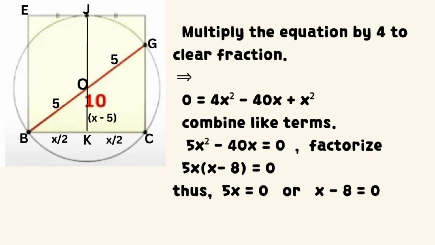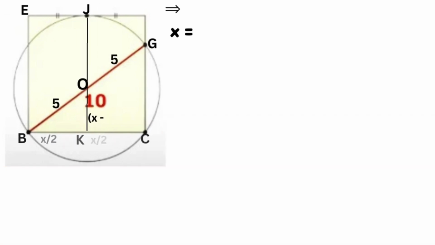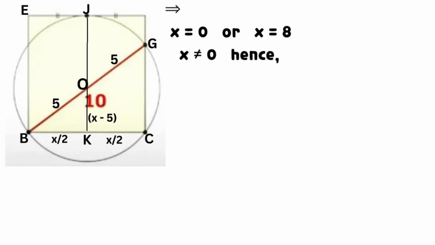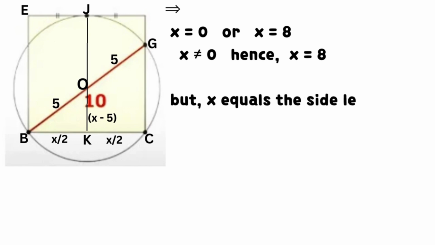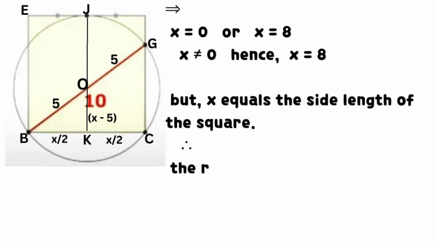Thus, 5 times x equals 0, or x minus 8 equals 0. Thus, x equals 0, or x equals 8. x is not equal to 0, hence x equals 8.